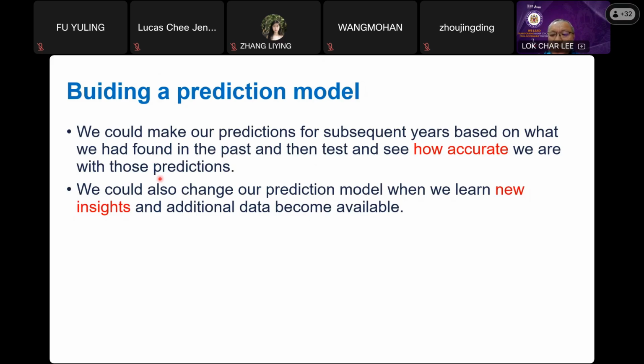So in the prediction model, we will have a training data set. We must get enough data that can be used as a training data set, so it's like training the model.